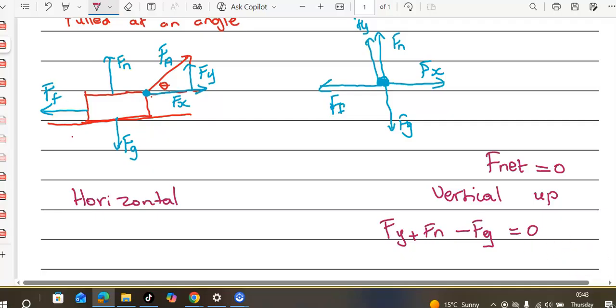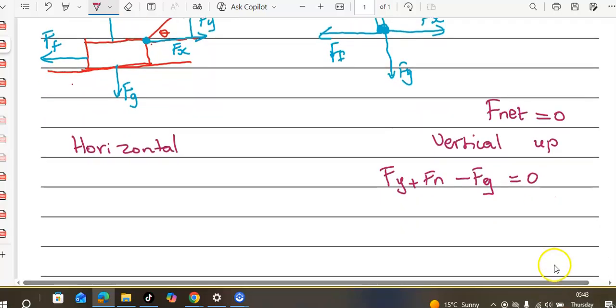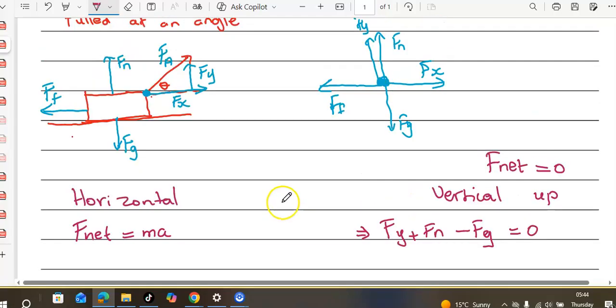So for now, we're going to leave this like this. We know that if we are working with vertical force, this is the formula that we're going to work with. But what about the horizontal? Remember, the horizontal is Newton's law. So F net will be equal to ma, okay? We need to identify the horizontal forces, and we only have two horizontal forces, which are Fx and what?